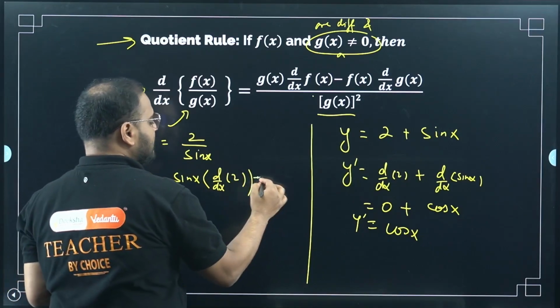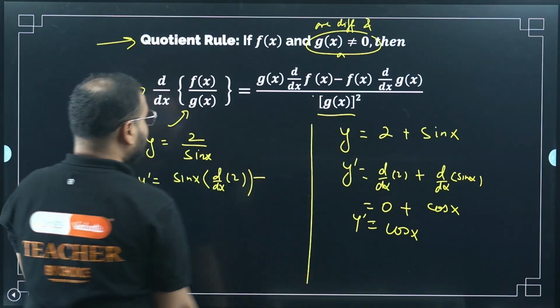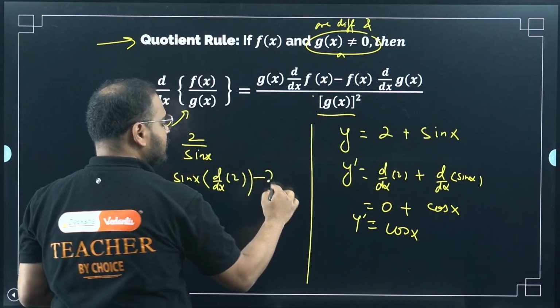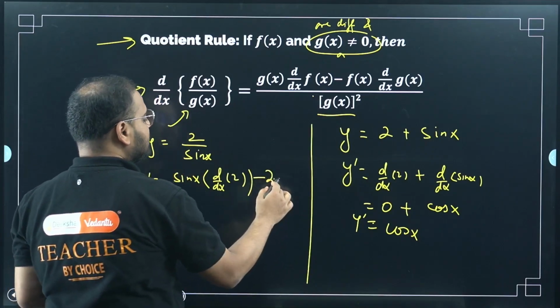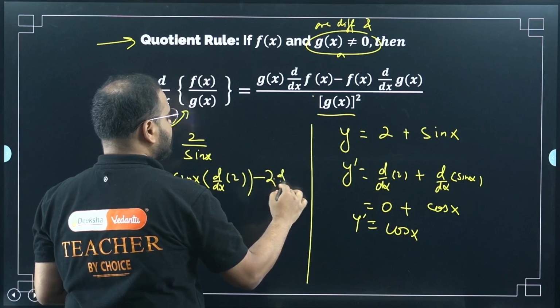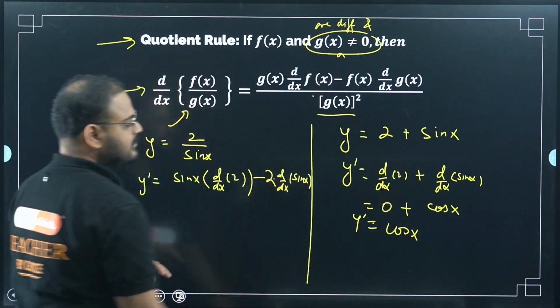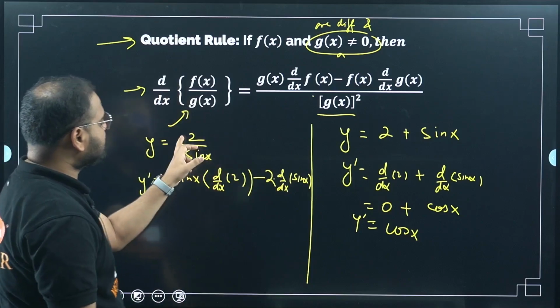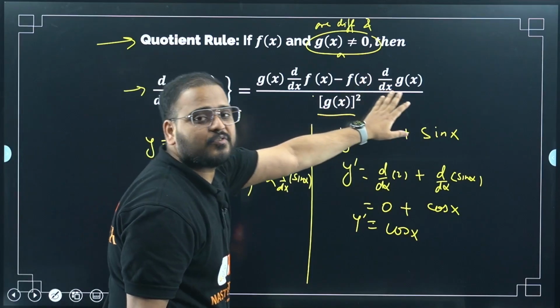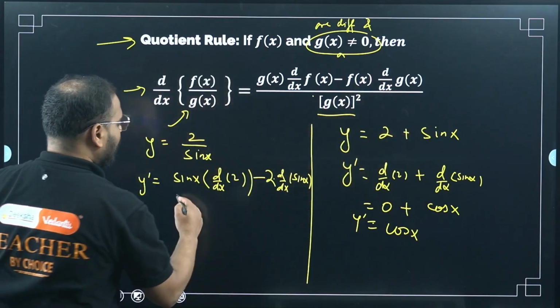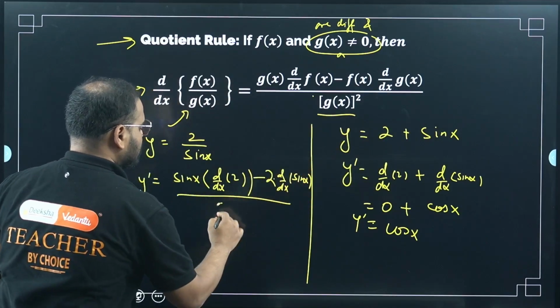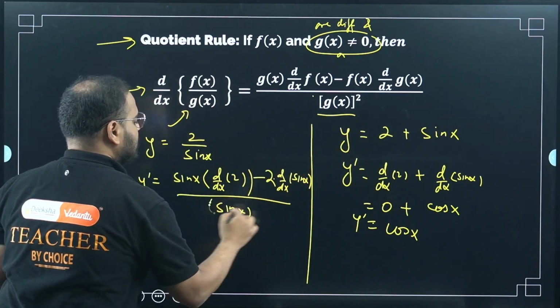Then a minus sign will come, then I'll keep 2 as it is and take the differentiation of sin x, divided by the square of the second function, so sin squared x.